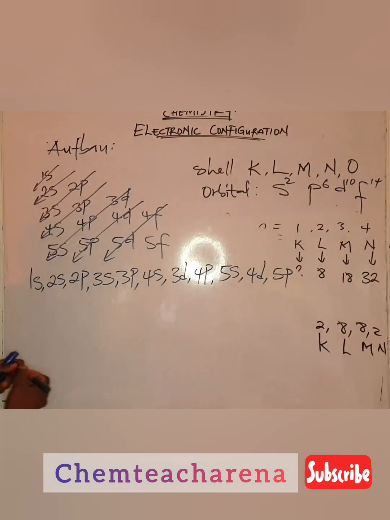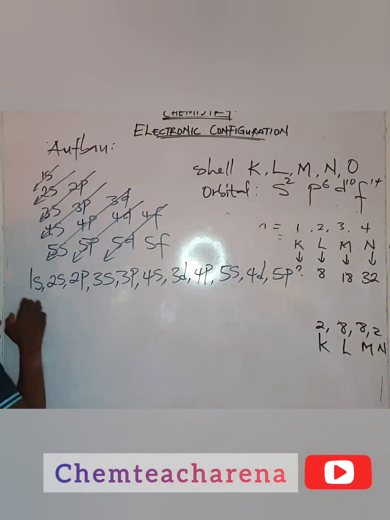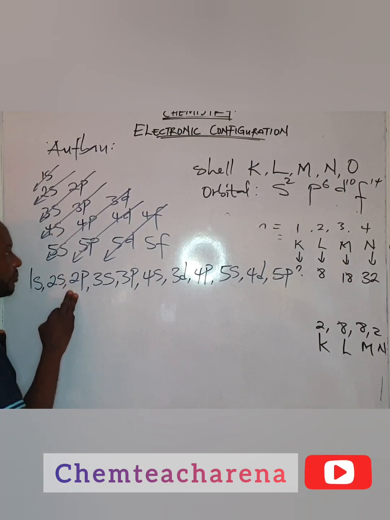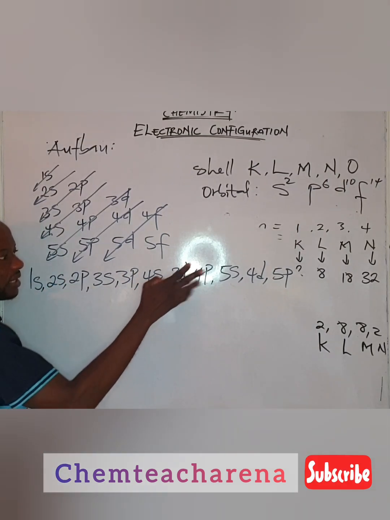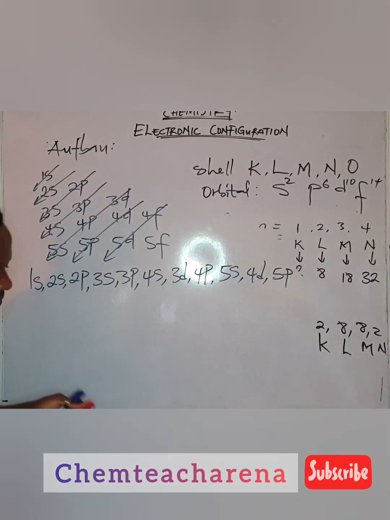So it's continuous like that. When filling electrons into orbitals, you follow this order: 1s, 2s, 2p, 3s, 3p, 4s, 3d, and so on.